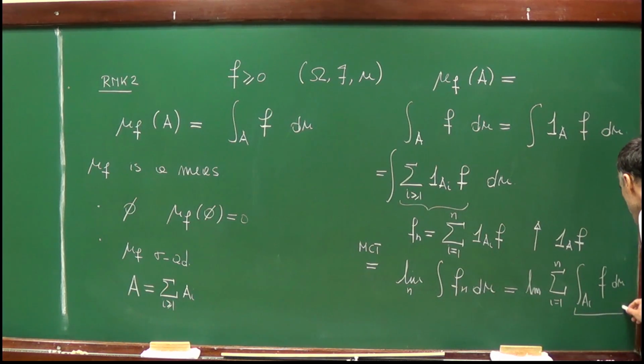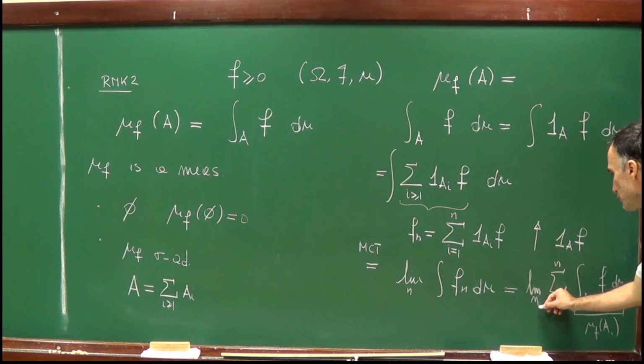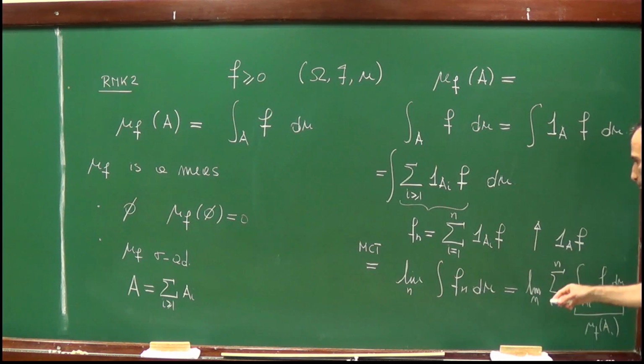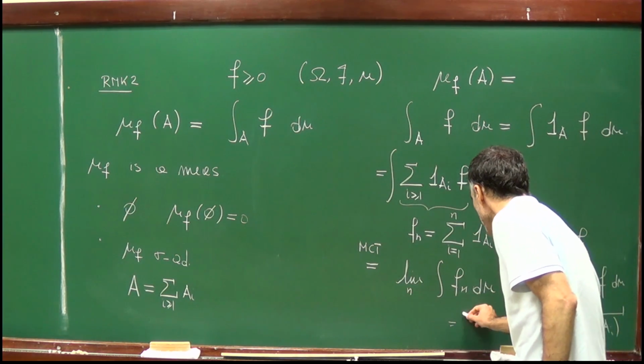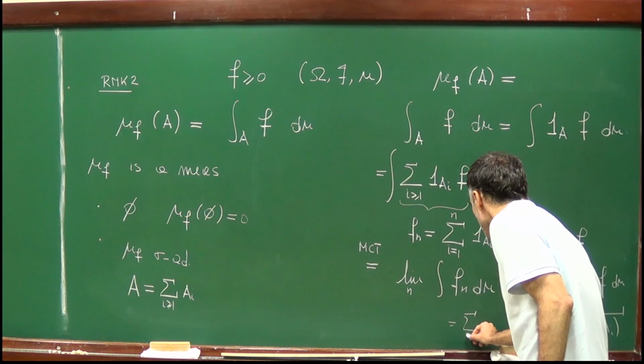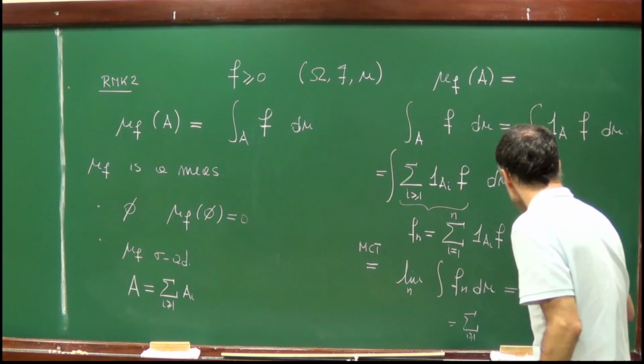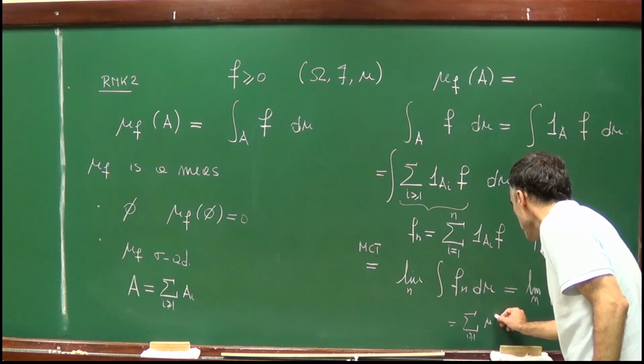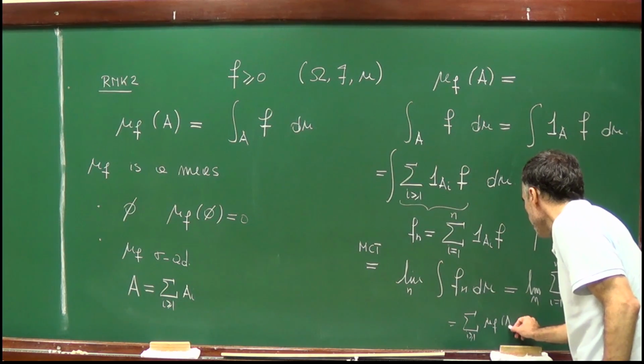But this is by definition mu_f of A_i, and the limit as n goes to infinity of this sum is just the countable sum of mu_f of A_i.